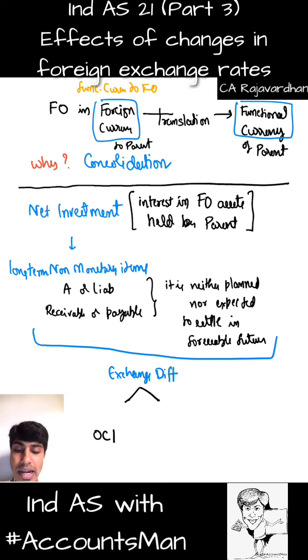It will not go to P&L, and it will be transferred to P&L only when disposal is made of the foreign operation. So OCI till disposal of the foreign operation, because it is something that is not realized, it is unrealized, and it is not going to happen in the foreseeable future. So I won't recognize it as income in the P&L account.